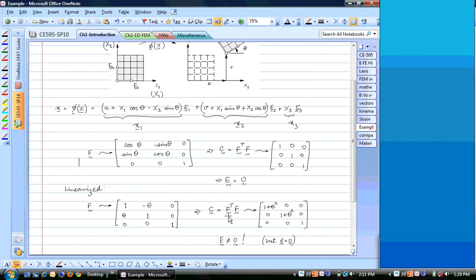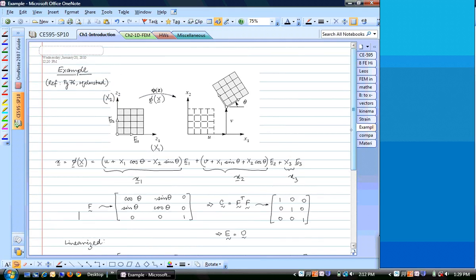And when you take C equal to F transpose F, you get theta square terms on the diagonal. It is not equal to identity, and therefore the correct measure of strain turns out not to be 0, but the linearized strain tensor would still be 0. So in effect, what we are doing here is making an approximation, but we just ensure that our linearized strain tensor still remains 0. So the correct strain measure would not be 0, but the linearized strain measure is 0.